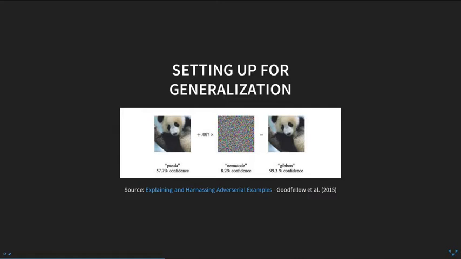So this signal over here in the middle is overlain on this image, and it's not going to affect the image so much that we can't distinguish it from a panda anymore. But as you can see, this model thinks after introducing this noise that the image is a gibbon rather than a panda.